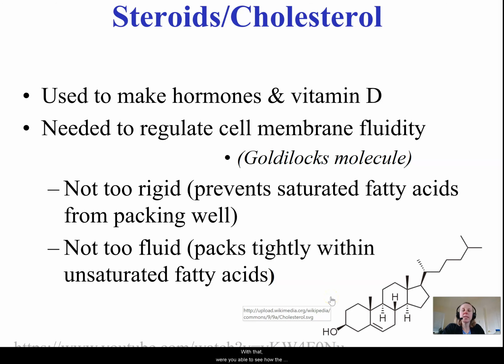Were you able to see how the membrane moves differently when the saturated fatty acids are there as compared to the unsaturated fatty acids? And again, what role the cholesterol plays in helping to hold that membrane together correctly, so that it doesn't become too rigid or too solid.